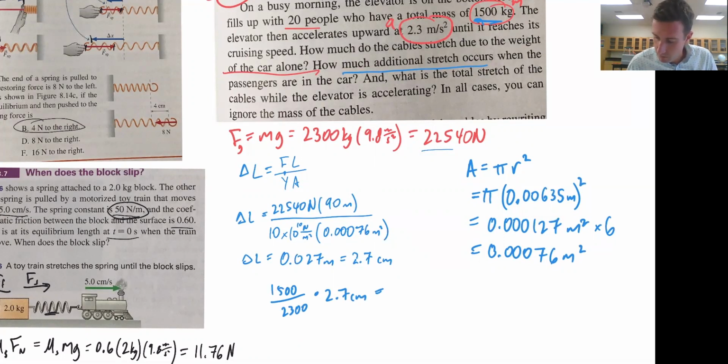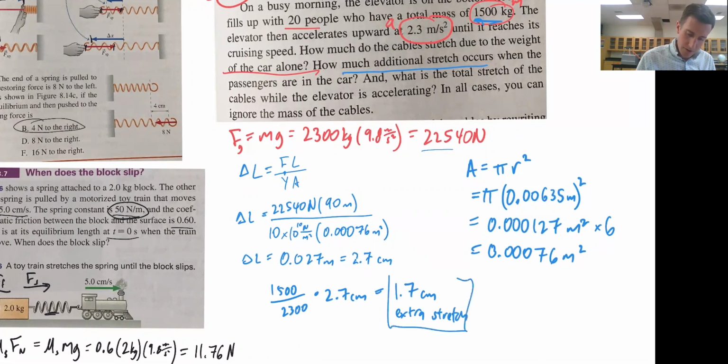So 15 over 23 times 2.7 is an additional 1.76 centimeters of stretch, 1.7 centimeters extra stretch when the people get in. Cool. So that was an easy way of doing that. You could also fully redo all the math. So add in that extra mass in here, and then that changes your force, and then plug in new values, et cetera, et cetera. But this will do the same job.